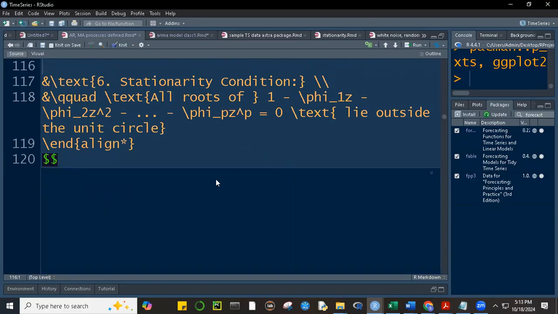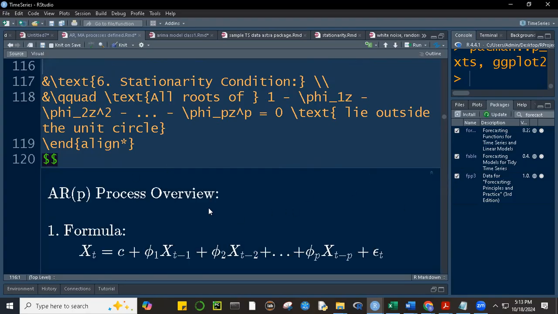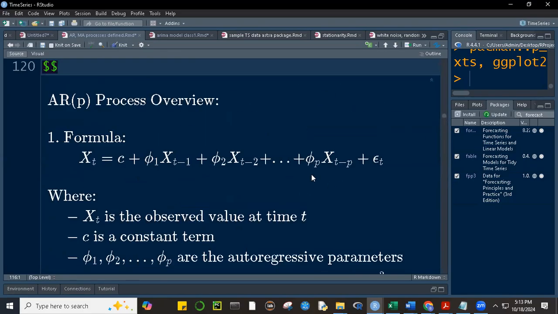So this is lags of p, class. Lag of p: phi1, phi2, up to phi sub p. If it is AR(p), therefore there will be p parameters: phi1, phi2 up to phi sub p.